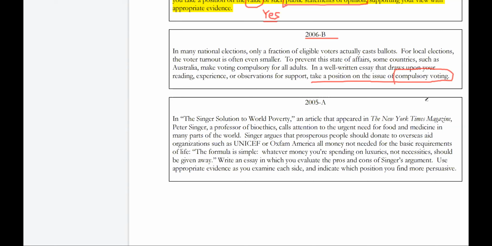Okay, what do you think? True, false, or pros, cons? When you're ready, you can type your answer in our chatting room. All right, please show your answer. 2006 Form B, true, false, or pros, cons?